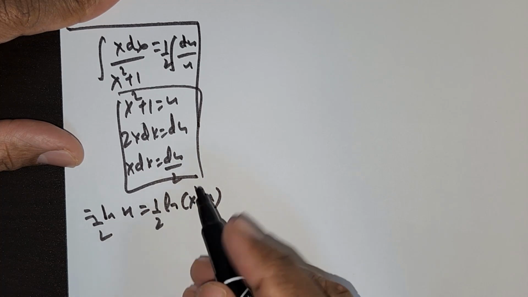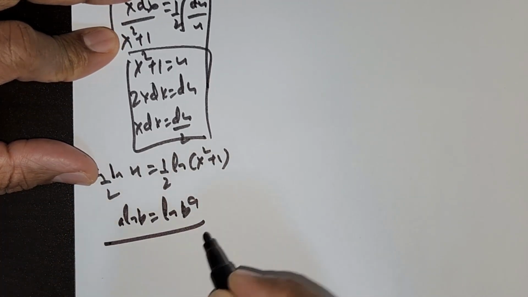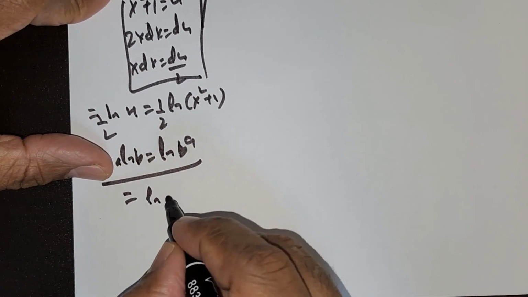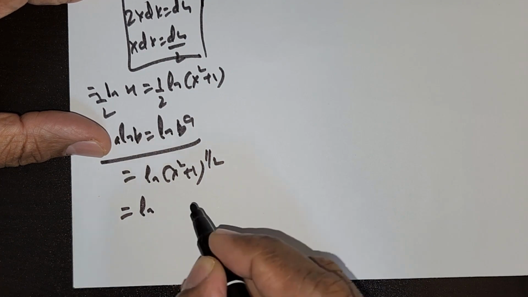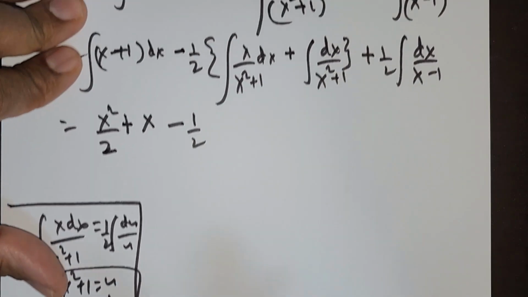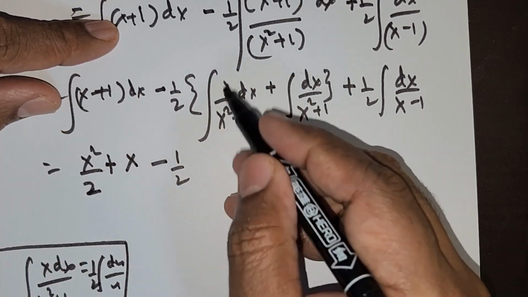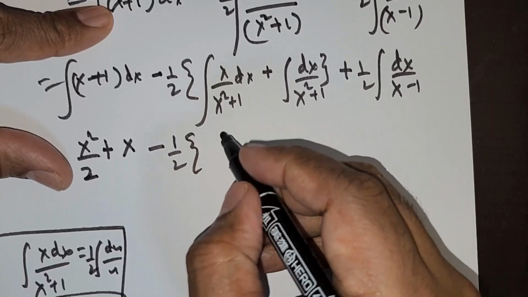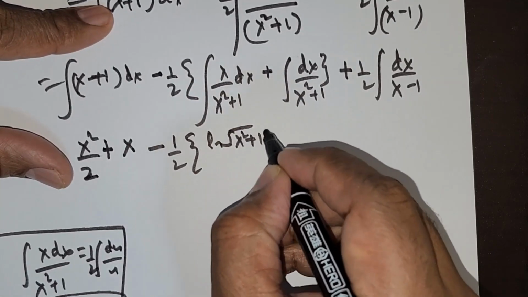Now actually what you can do is a times ln b is going to be ln b raised to the power of a. So this is going to be ln of x squared plus 1 raised to the power of 1 over 2, which is nothing but ln root of x squared plus 1. So you can utilize that result. So I have just taken this into account. So upon integration, this is going to be ln root of x squared plus 1.